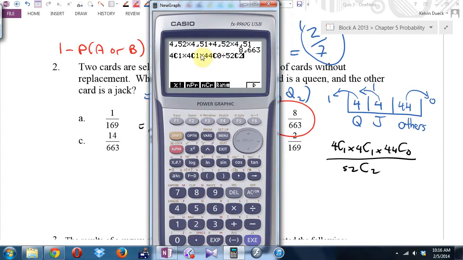Actually, no, because if I hit times, it will assume it's on the top. I can be a little sloppy if stuff is on the top. It'll assume it's there. I really have to be fussy when I have more than one thing on the bottom. Probably a good habit would have been to put it in brackets, but I'm pretty sure, I hope, it's going to be 8 out of 660. I'm okay.